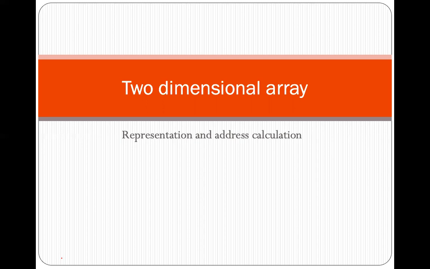If it is row major representation, how can we calculate the address? If it is column major representation, then how can we calculate the address? So with examples and numericals we will discuss in this video.